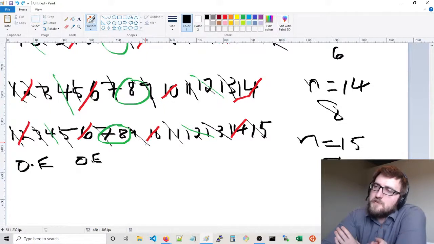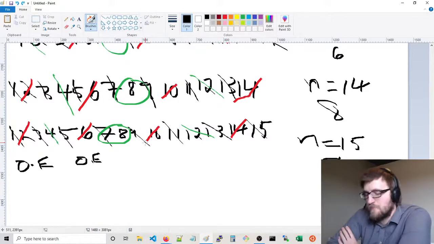So remove all the odd numbers, right? Then remove every other even number, which are basically 2 times an odd number. So remove all the odd numbers, then remove 2 times the odd numbers. And now you've got multiples of 4.